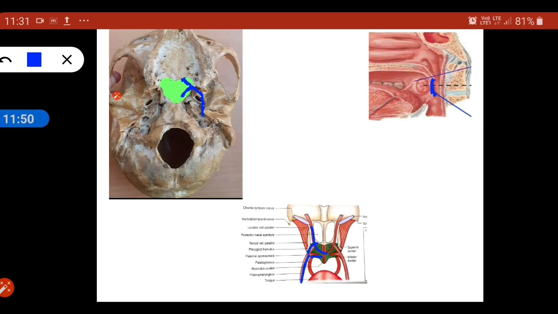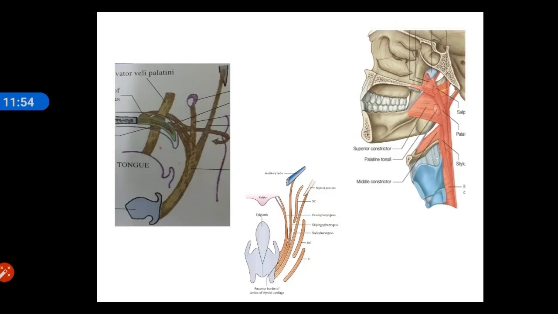And further, as it descends into the pharynx, it is joined with other muscles. You can see here, this is the palatopharyngeus, this is the salpingopharyngeus, and it is joined by the stylopharyngeus. All the three longitudinal muscles of the pharynx go and insert into the posterior border of thyroid cartilage. So this is about the palatopharyngeus.